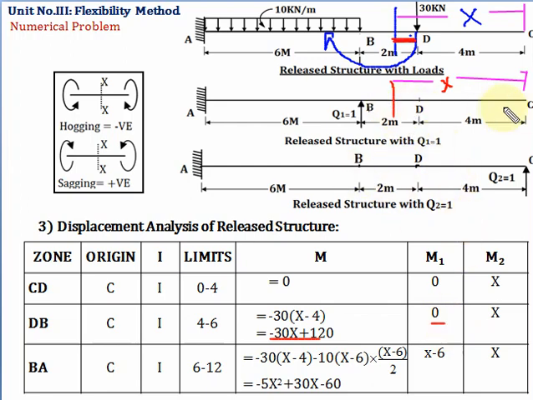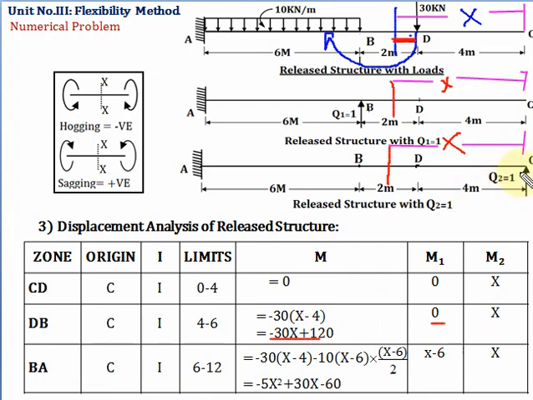Now we will take the section x in portion DB, and we are measuring x from C, because C is our origin.